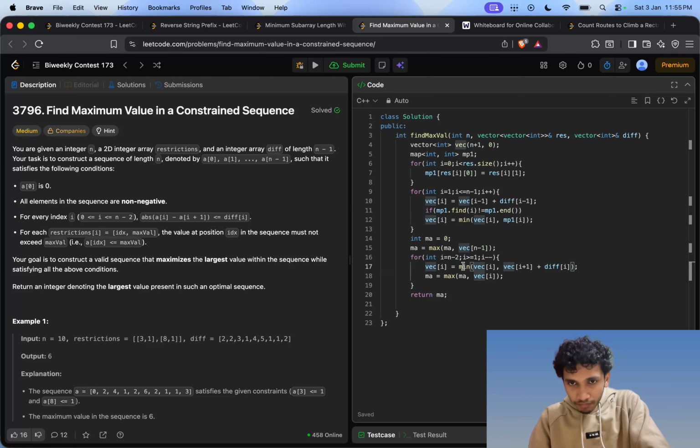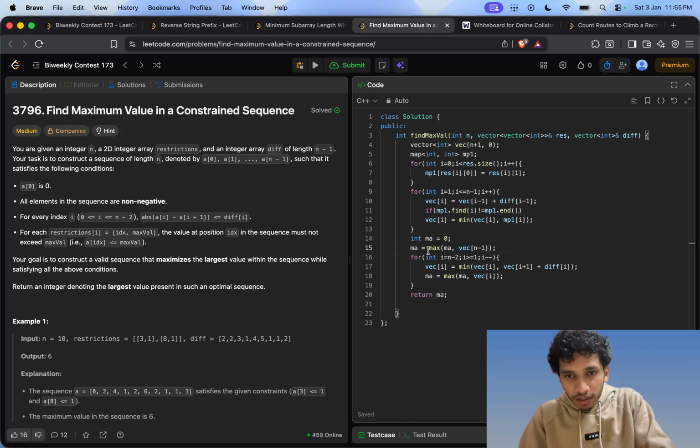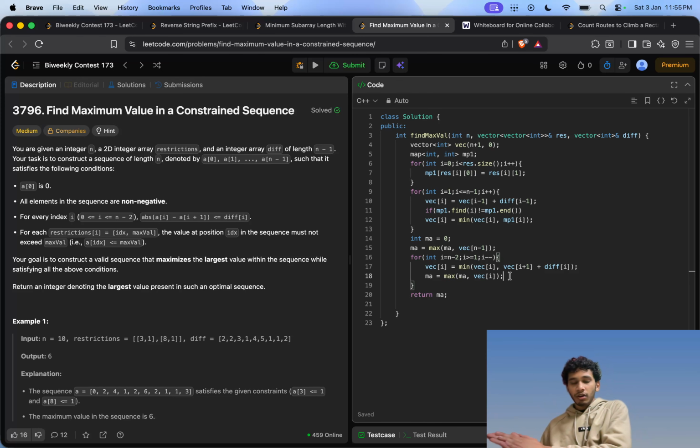At the end we want the maximum value over the built vector, the constructed vector. So take the max with the n minus 1th value, then the max with n minus 2, n minus 1 up till the first index. The maximum value which we get is to be returned. All right, this was it for the third problem.